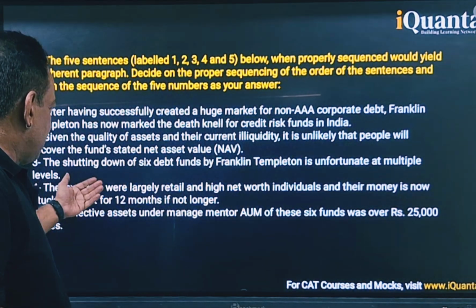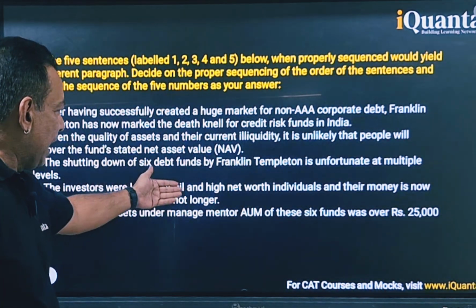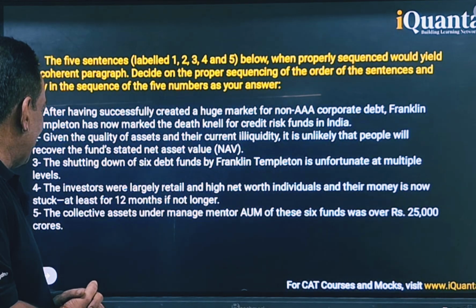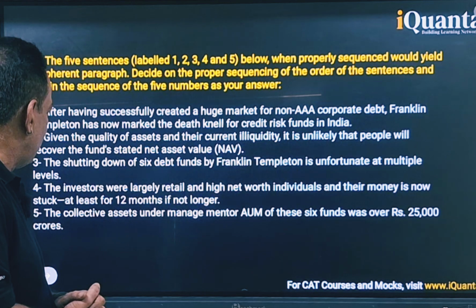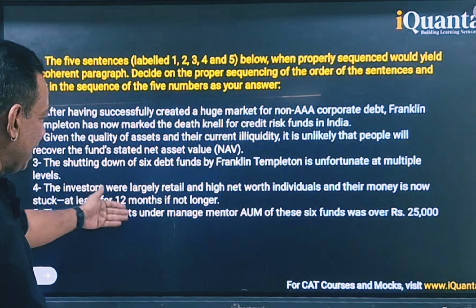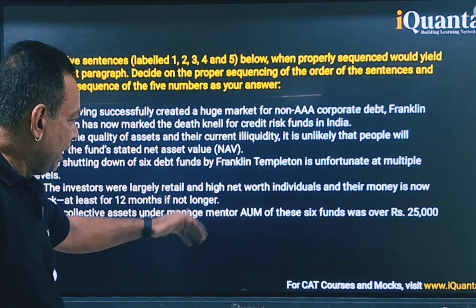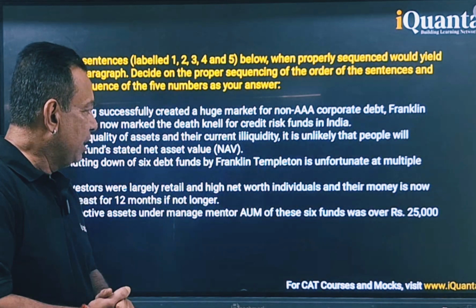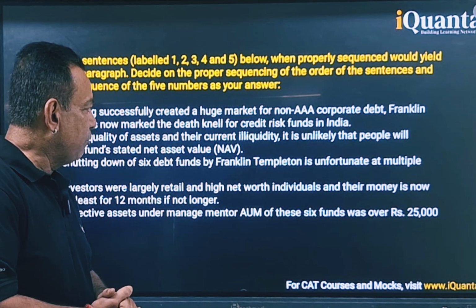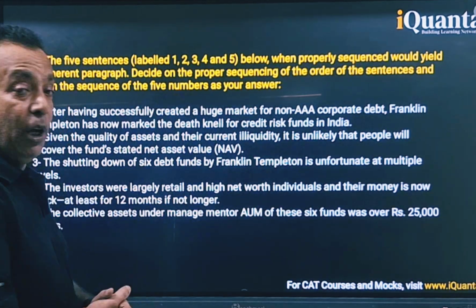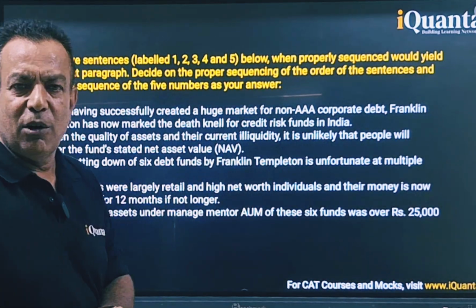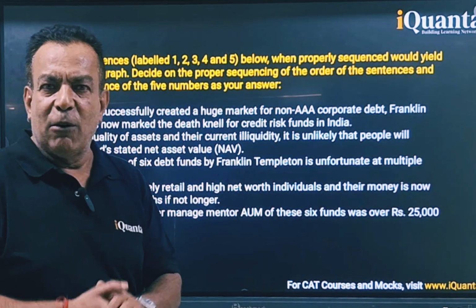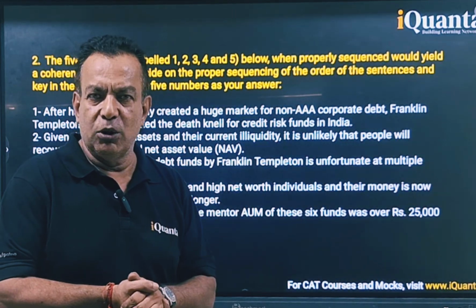Fourth, the investors were largely retail and high net worth individuals, and their money is now stuck at least for 12 months, if not longer. The collective asset under management, AUM, of these 6 funds was over rupees 25,000 crores. So this whole thing deals with the funds that failed and the details regarding those funds.